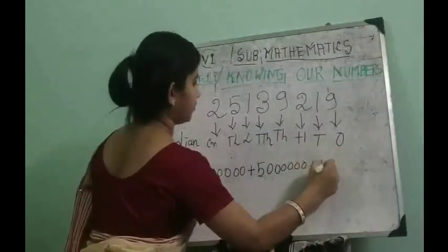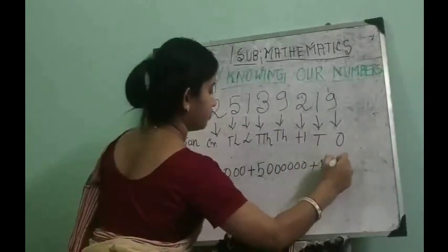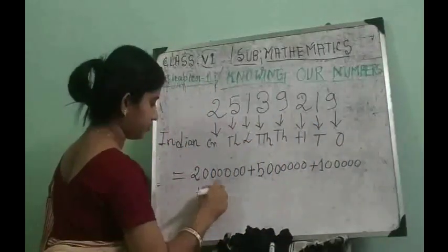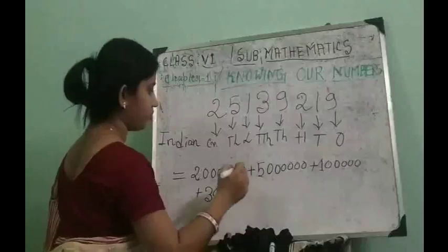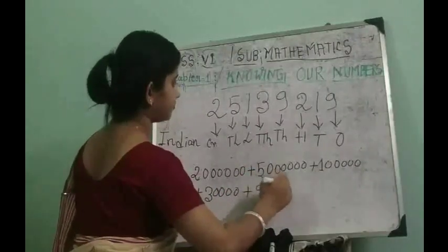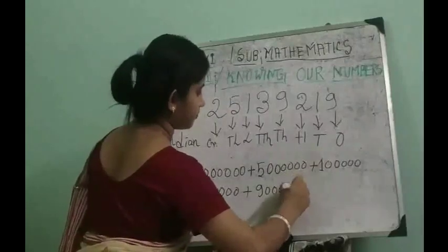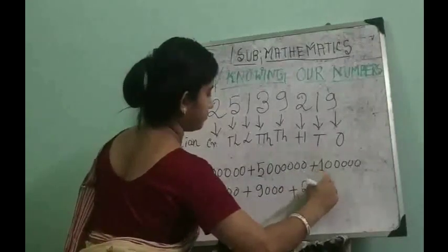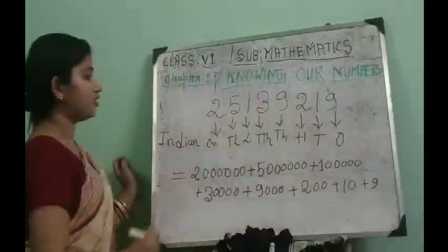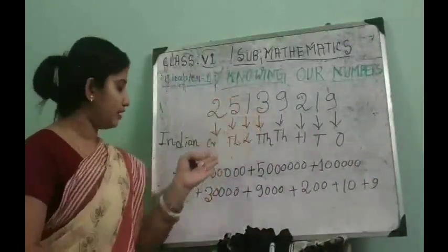Plus 1, 2, 3, 4, 5 zeros. 3, 4. We write this number in this form.